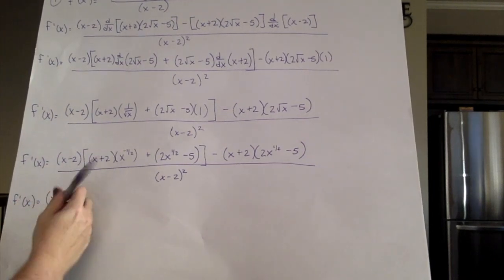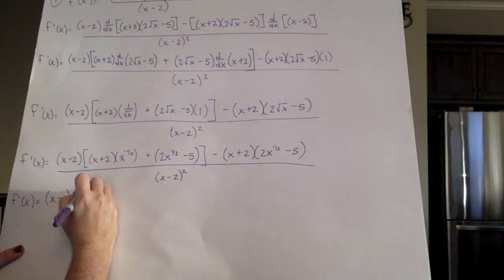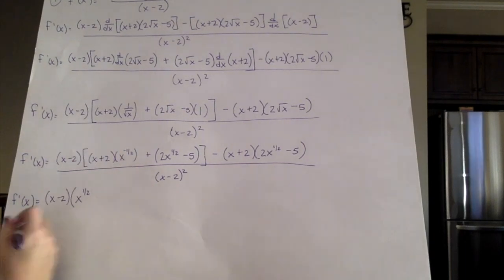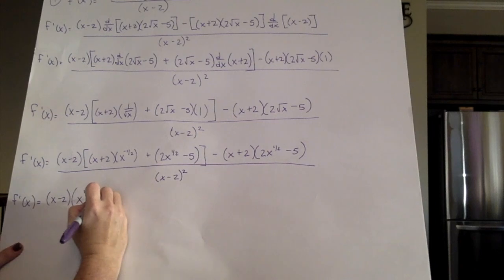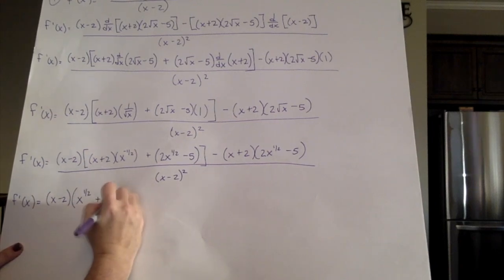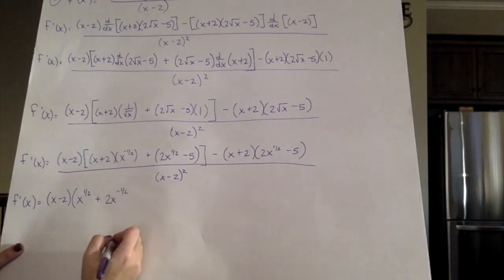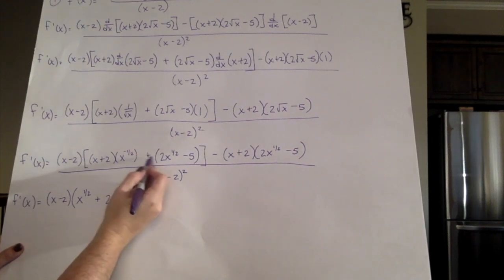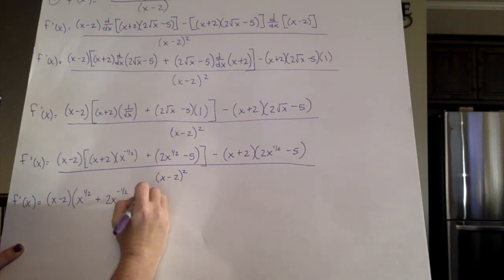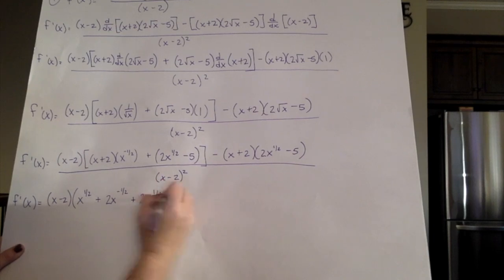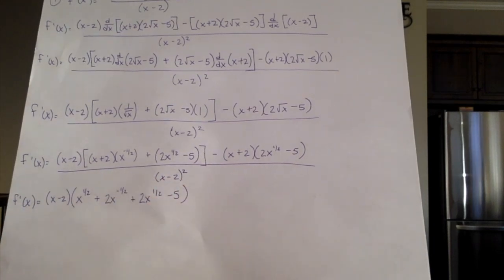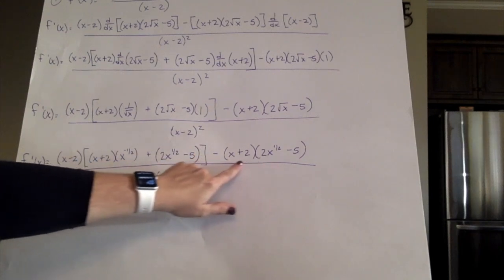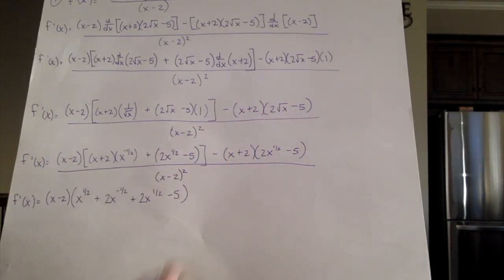X times x to the negative 1/2 is x to the positive 1/2, 1 plus negative 1/2. And then 2 times x to the negative 1/2 is just 2x to the negative 1/2. And then really this is plus this set of parentheses, which is just that itself. When I multiply these two together, I have to actually do some distributing.